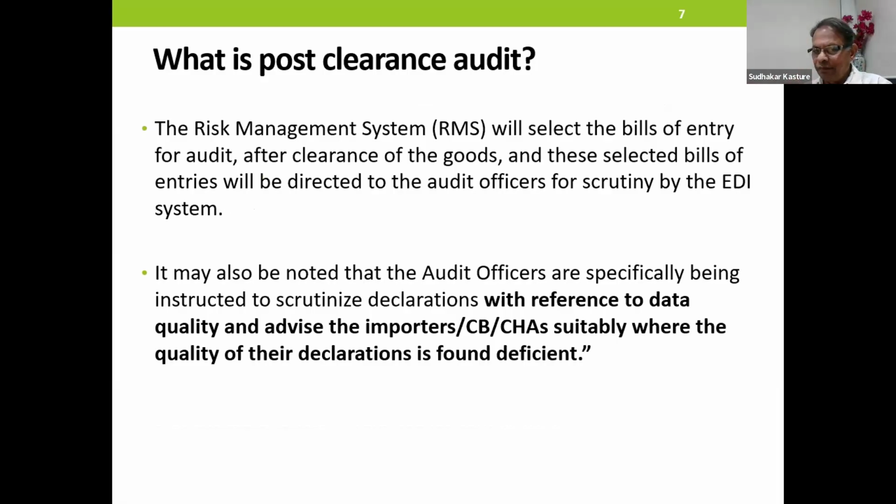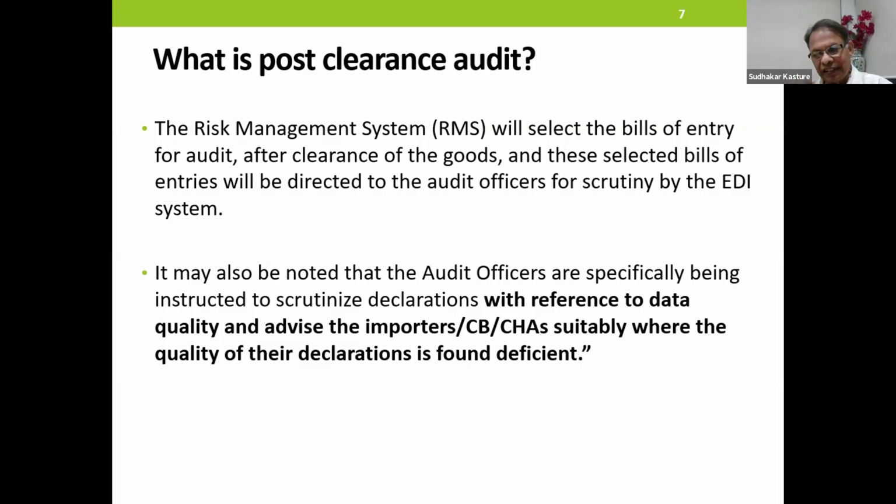The risk management system will select the bill of entry for audit after clearance of the goods, and those selected bills of entry will be directed to the audit officers for scrutiny by the EDI system. Understand this. There are three kinds of cargoes: low risk, medium risk, high risk. 90% plus of goods coming into India come under the low risk category, and in the low risk category, the examination percentage is only 2%.